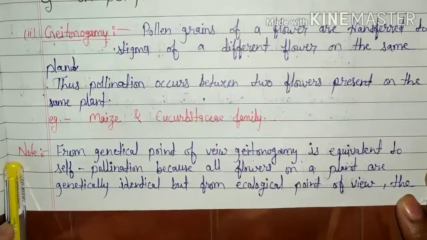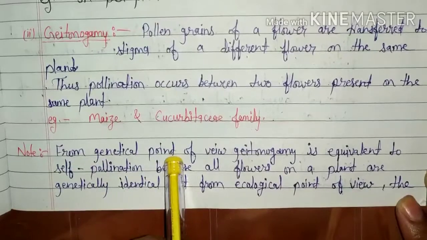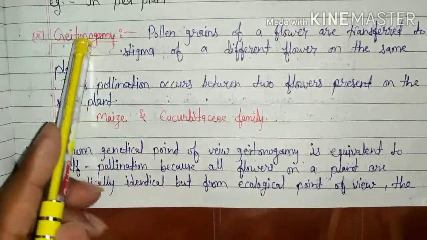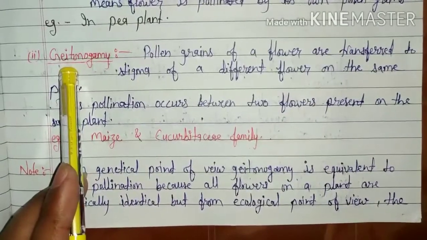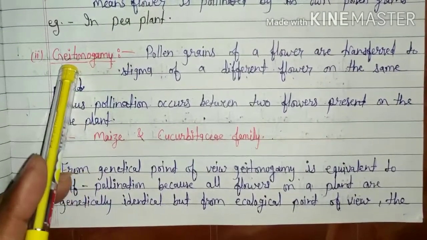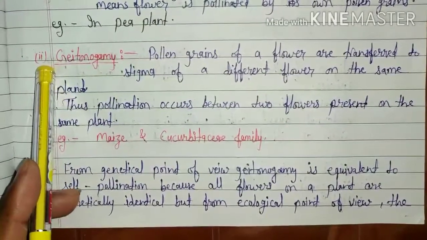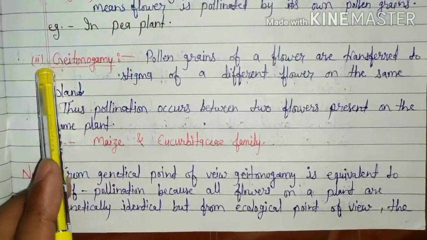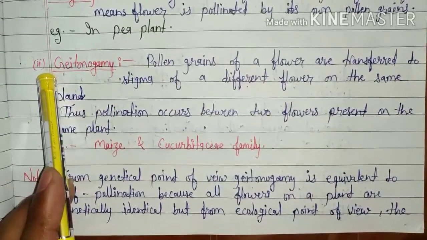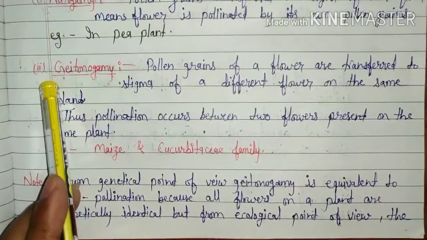Note: from a genetic point of view, geitonogamy is equivalent to self-pollination because all flowers on a plant are genetically identical. But from an ecological point of view, botanists consider it as cross-pollination.